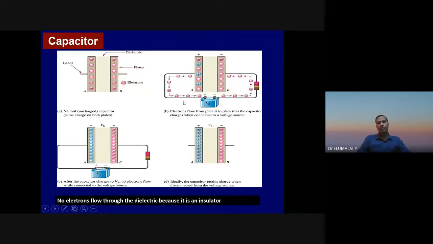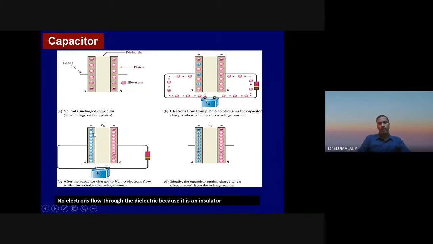What will happen? The voltage that is fed to this condenser will make the dielectric orient, or the ions in the dielectric orient. All the negative charges will orient in one direction, like this. All the positive charges in the dielectric will try to accumulate at one end.